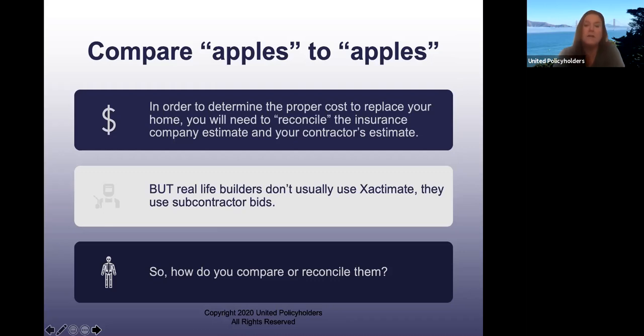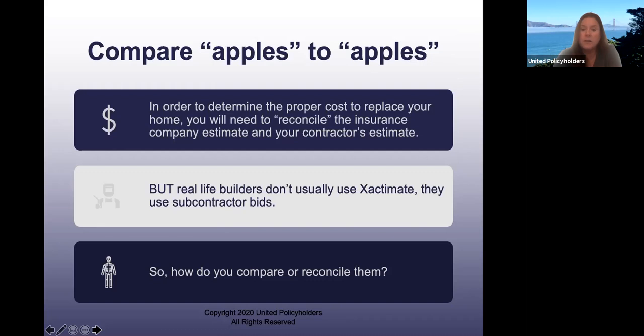So think about it. It's hard enough for the insurance adjuster to get a scope and estimate completely correct on a partial loss where you can look at what's left. It's very difficult to do a total loss, okay?